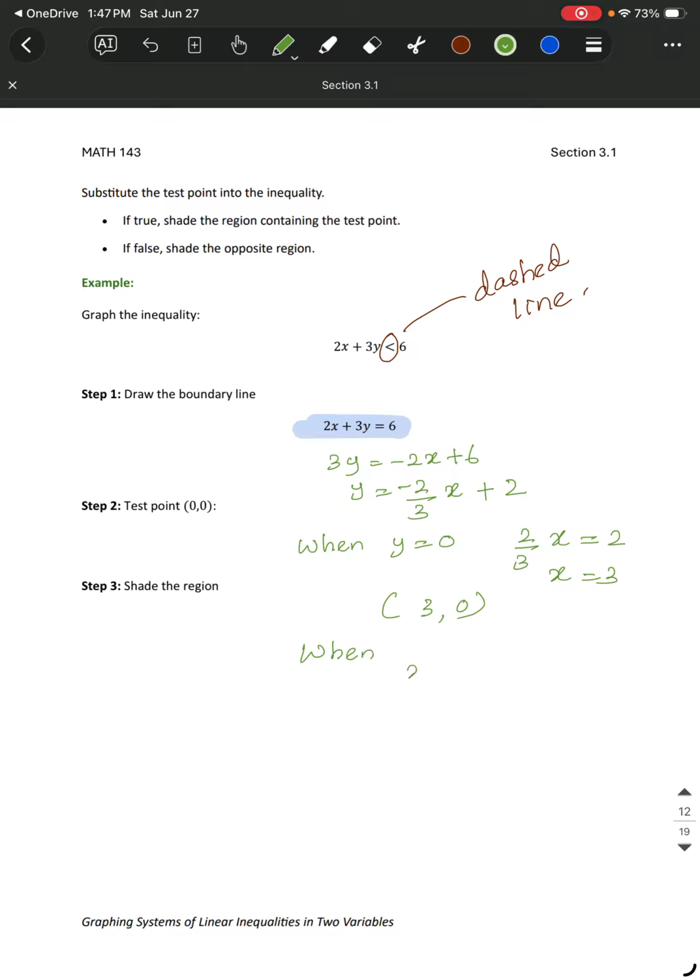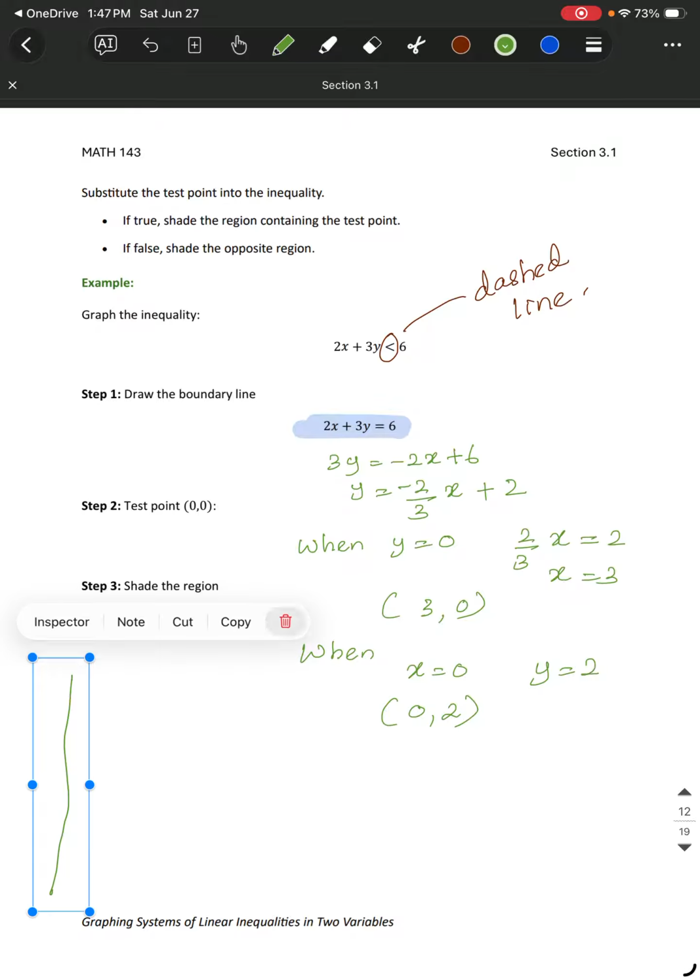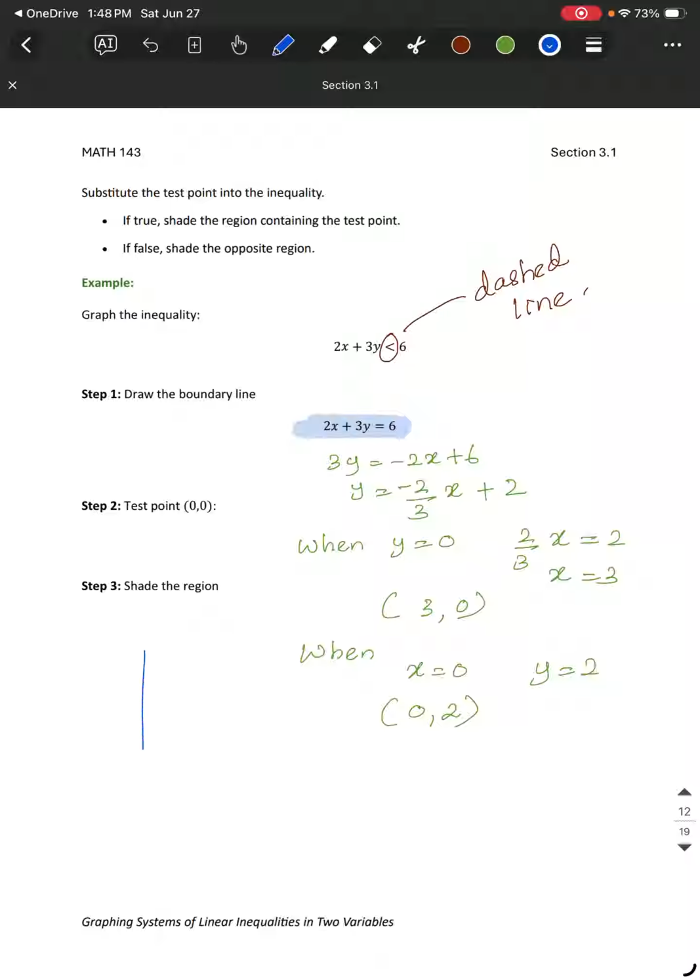When x equals 0, y equals 2. So (0, 2). Okay, let's draw the graph. X-axis, y-axis, (0, 0) here. 1, 2, 3, 4, negative 1, 1, 2, 3.